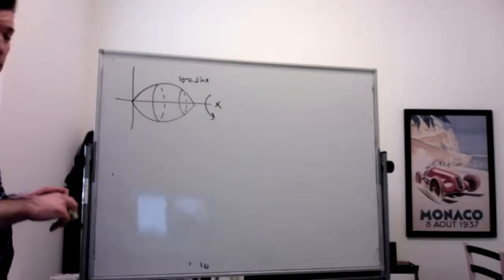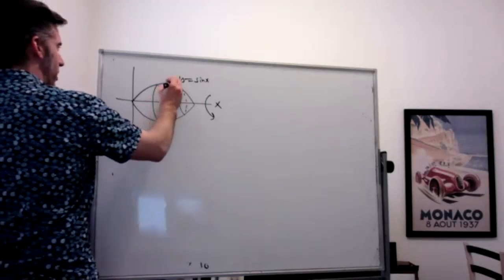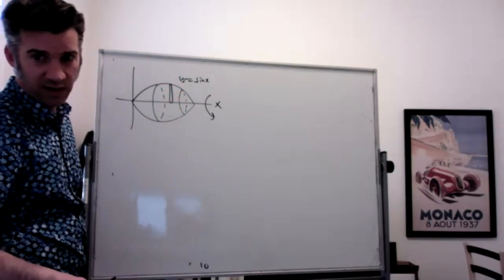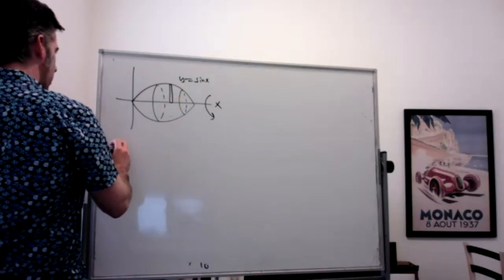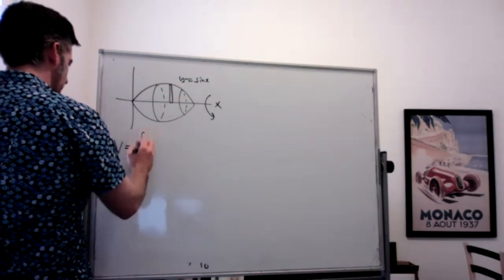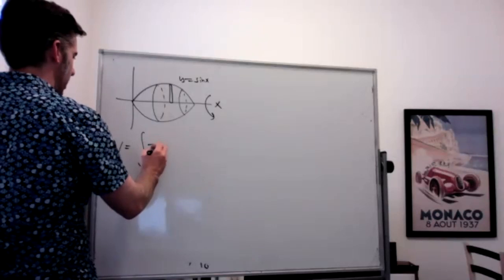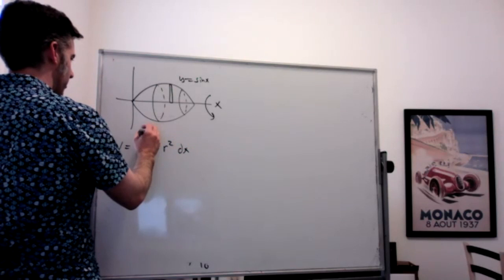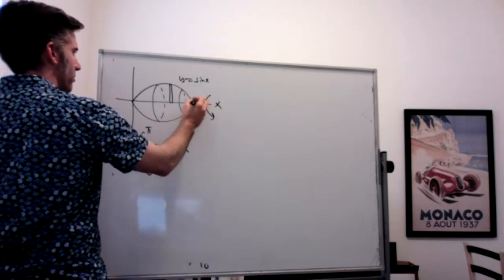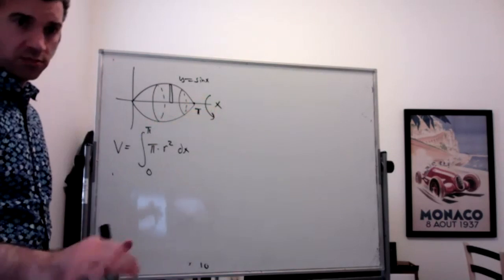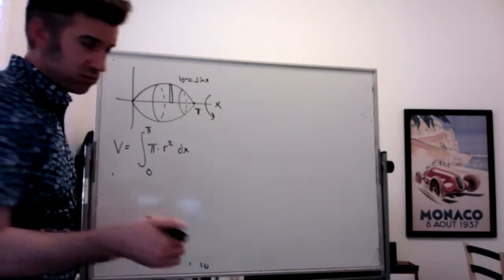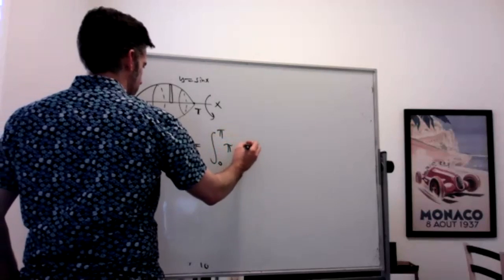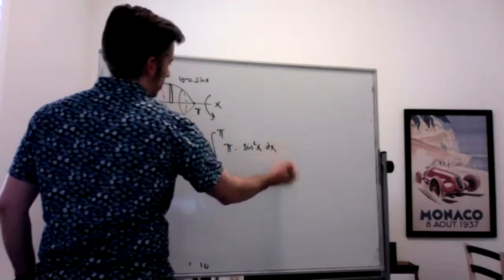Okay, so I'm going to use the disk method. Now it's funny because using the disk method here, we're going to see kind of the same integral. So using the disk method, the volume is going to be the integral from 0 to pi of pi times my radius squared dx, and my radius is sine. So that's the integral from 0 to pi of pi times sine squared x dx.